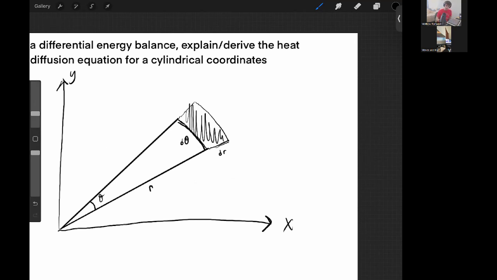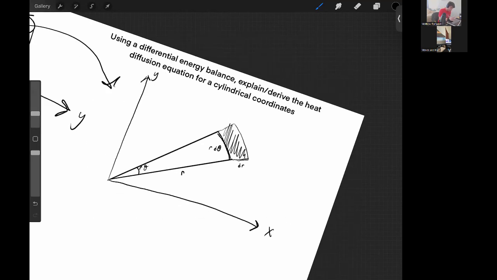However, it's more than just delta theta. In this case, this is also the change of R across our system. So this is actually R delta, and this is R delta theta in this case, because it's our change of radius.